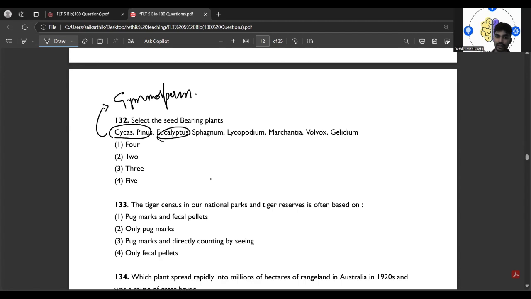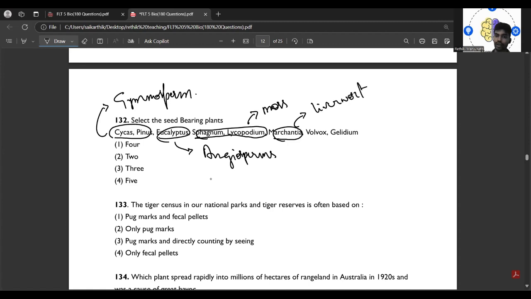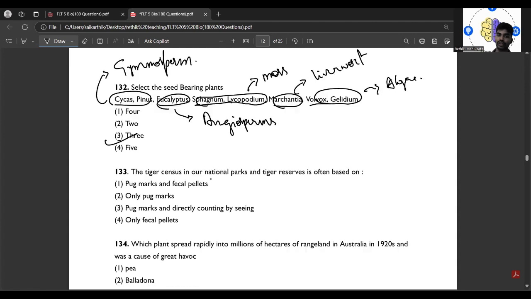Then we have this one, which is an angiosperm. These two belong to bryophytes, that is mosses, and this belongs to liverworts, again bryophytes. And these two belong to algae. So out of all these, three are seed bearing plants. So option three.